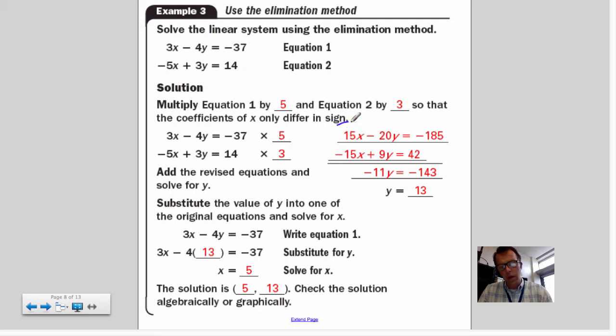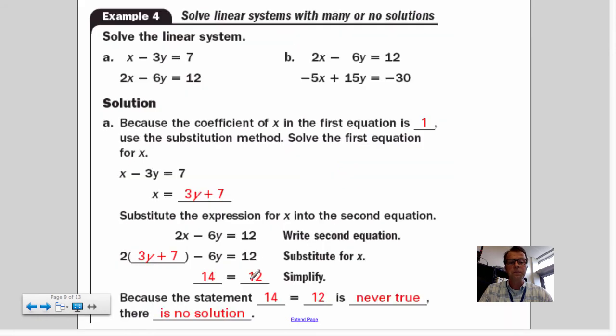So the goal here was to eliminate the x variable. Again, you might have looked at this equation and said, hey, I'm going to eliminate y by multiplying the first equation by 3 and the second equation by 4. And that would have worked just as well. So once you've done that, and that makes the elimination method a tricky method, but very doable. You solve for y, and then all the steps stay the same. You plug 13 in, you get your x, and you're welcome to check.